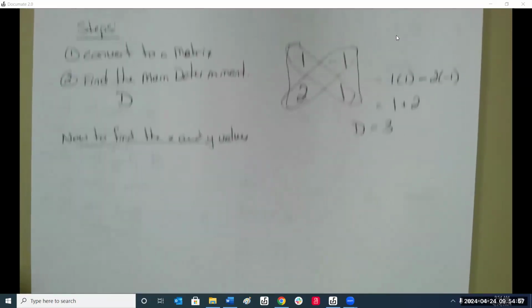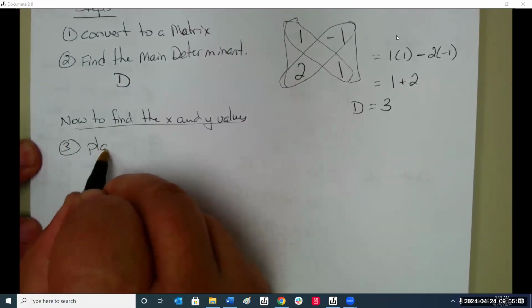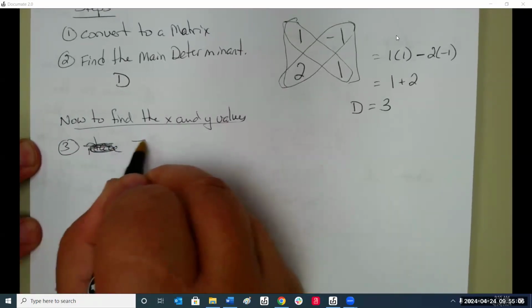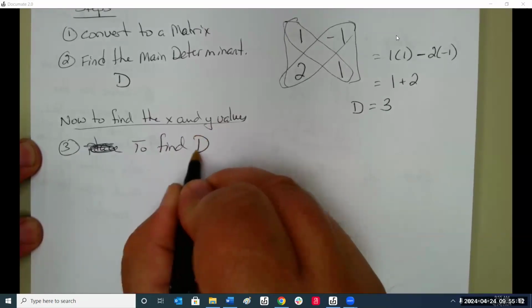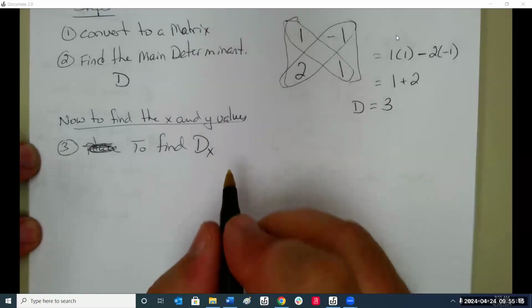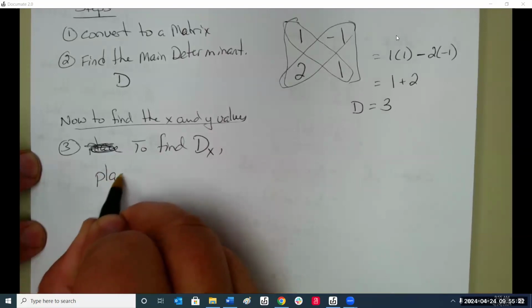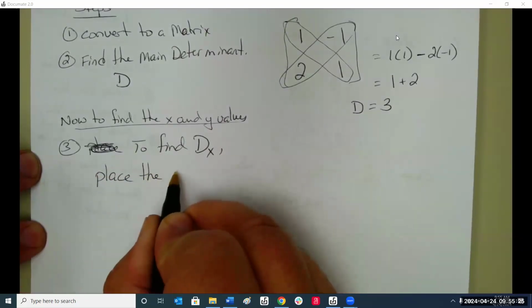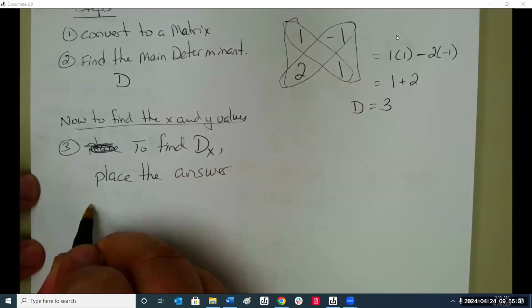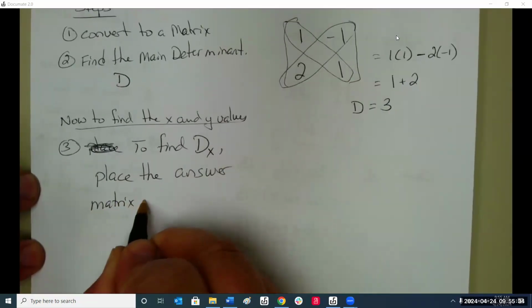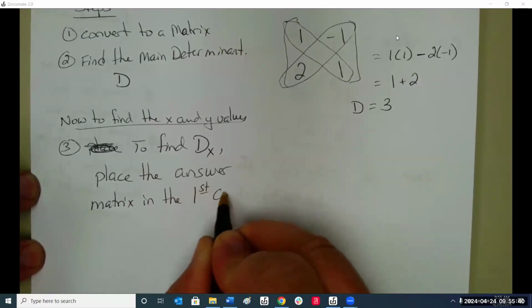Now to find the X and Y values. Step 3, to find the dx, place the answer matrix in the first column.